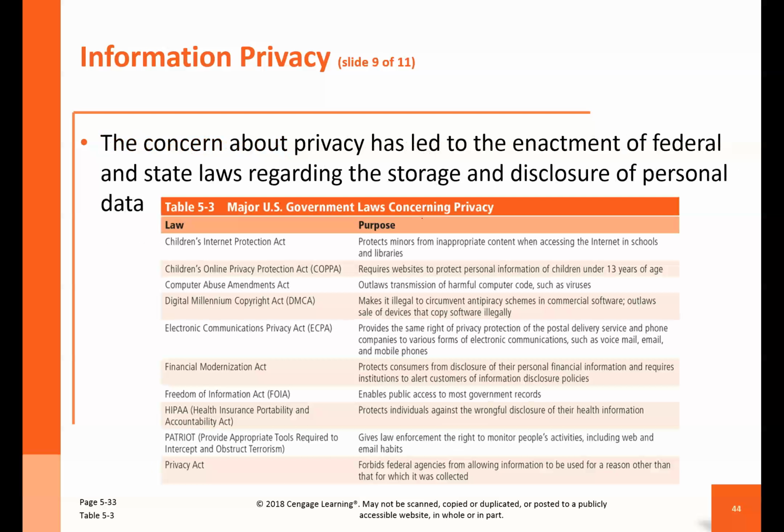Now, the concern of privacy, as we mentioned in a couple of pages earlier, is very serious. So it has also led some countries, just like the US, to have a very well thought-out set of laws safeguarding this issue. Sometimes they safeguard children. They also safeguard software and financial activities, as you see here, health activities, freedom of information, people's freedoms, public access, privacy access, things like that.